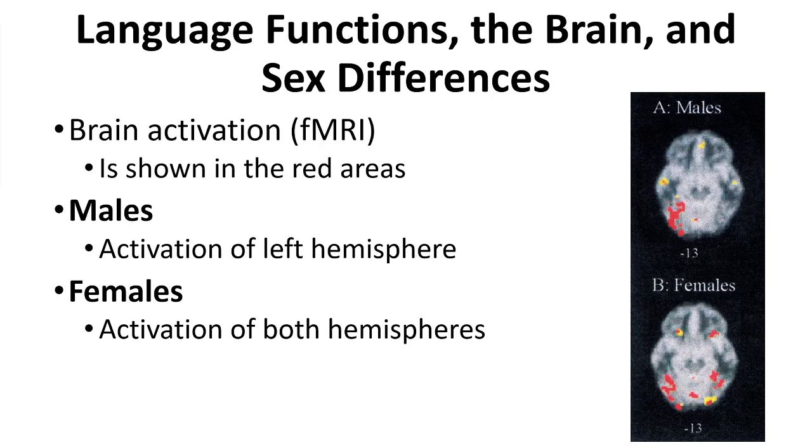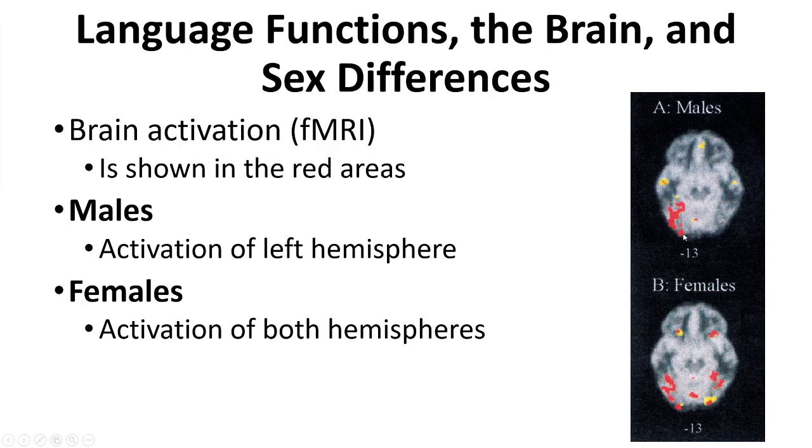So if we're looking at brain activation, kind of similar to the PET scans we were just looking at, this would be a representative male brain, where we would see activation on this side. This would be the Wernicke's area, where you're hearing language, you're starting to understand language, and you're seeing only activation on the left side in males.